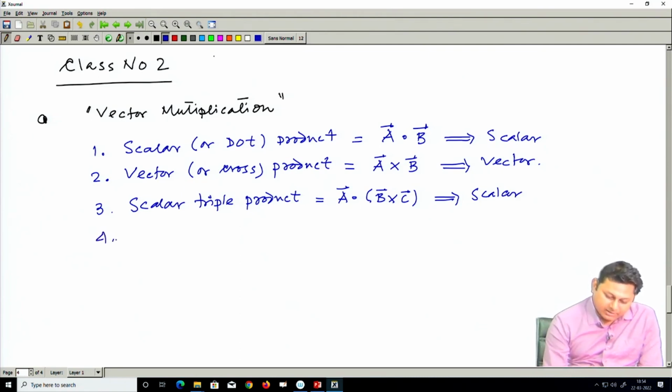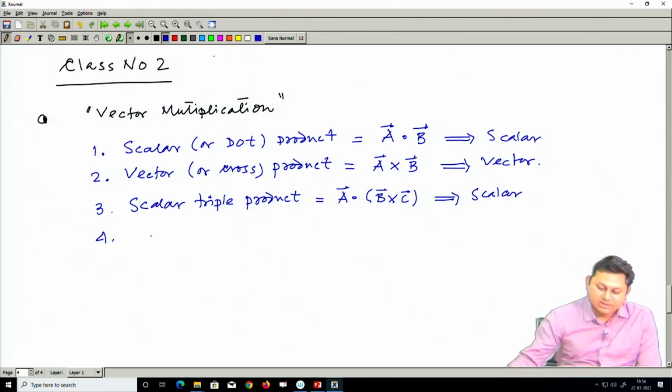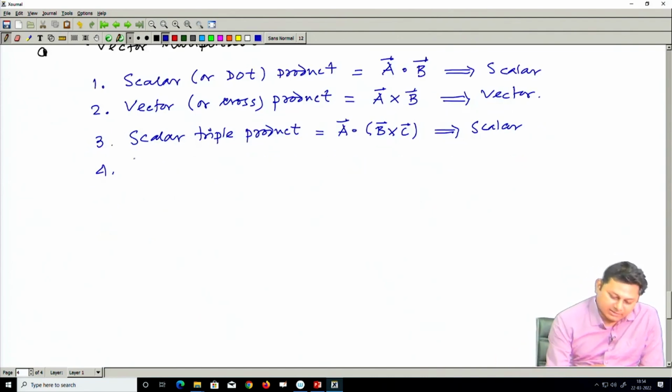And finally, another kind of vector multiplication one can think of is the vector triple product.